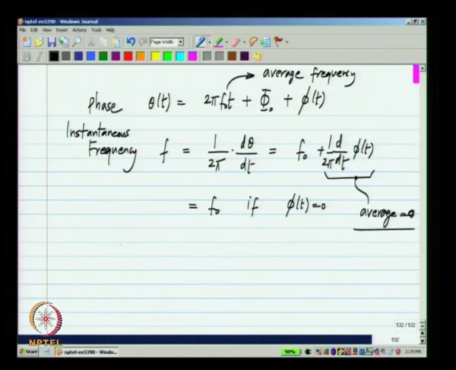Now, one of the confusing things in this may be the use of the term frequency. It will be used for many things. For instance, let me write out the expression for the phase again.